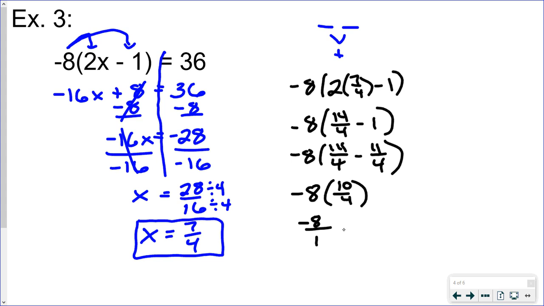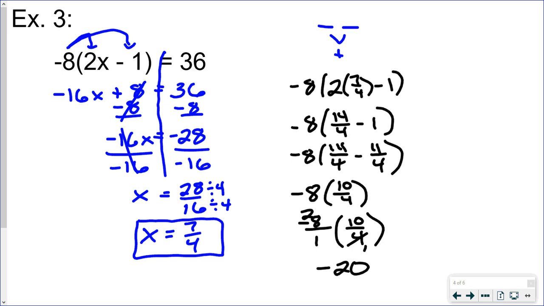You can make your life a little simpler here, because these diagonals can be simplified. When you multiply fractions, you can always simplify the diagonals. Okay, so that becomes 1, that becomes 2, and it looks like I made a mistake somewhere. Because that comes out to negative 20, and it was supposed to come out to 36. So let me pause this and see where I messed up.